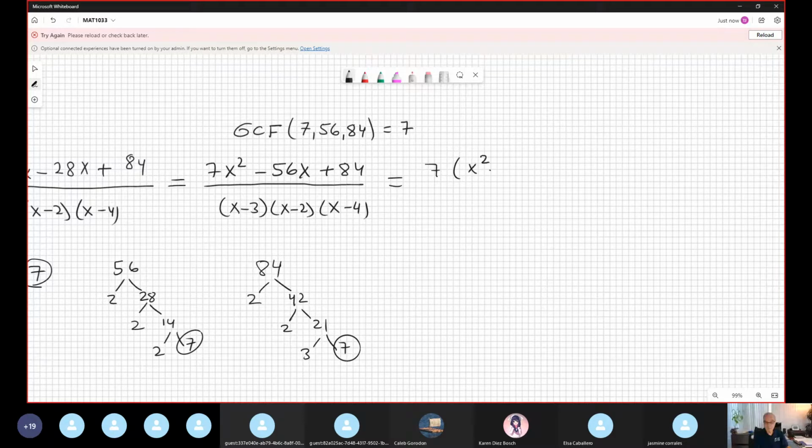X squared minus, let me see, I can see clearly, this 7 goes out. Stay 2, 2, and 2. Okay, 2, 2, and 2 together is 8. This is 8x plus something, plus 12, no? Plus 12, which is 2. Let me use another symbolic way.